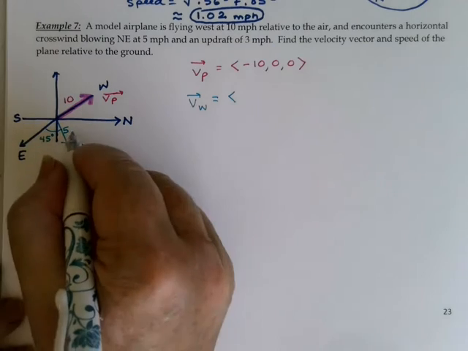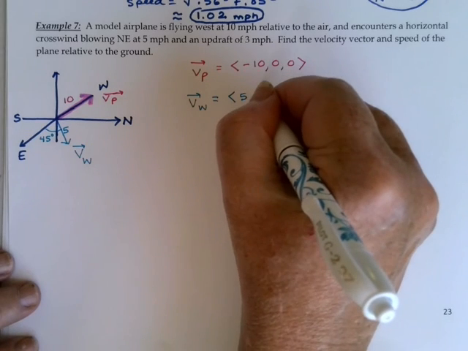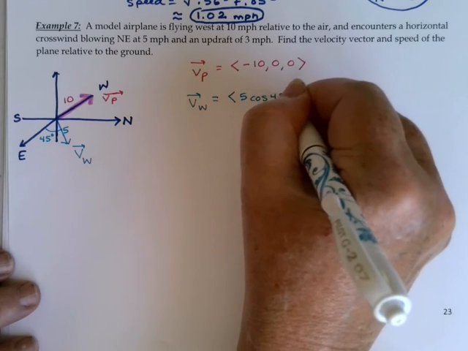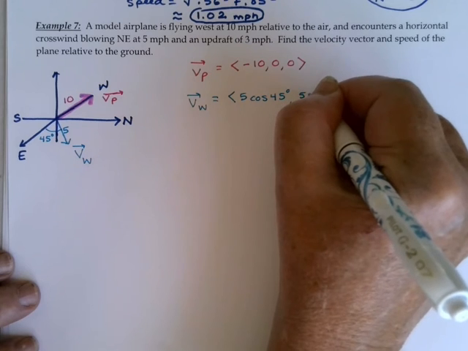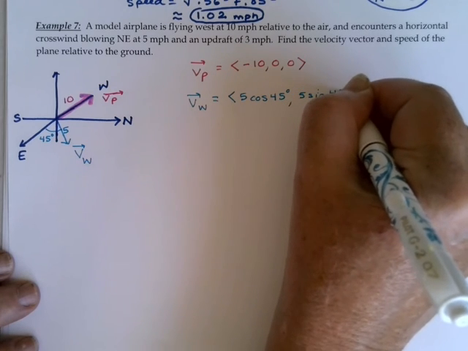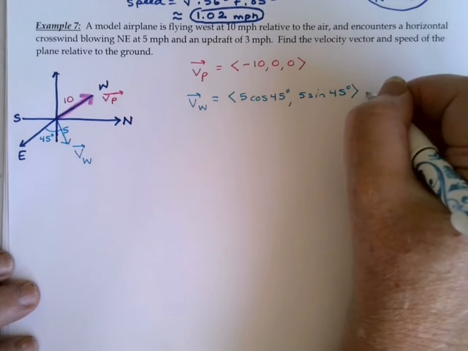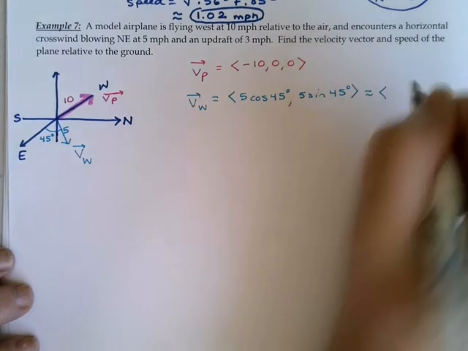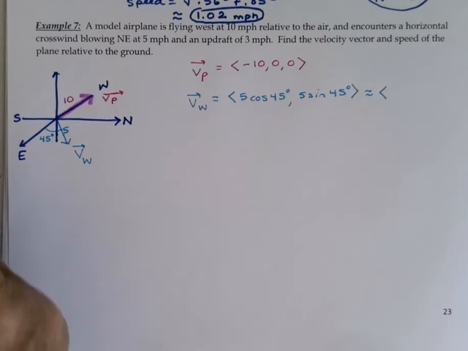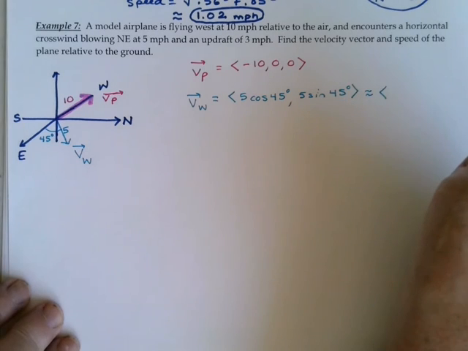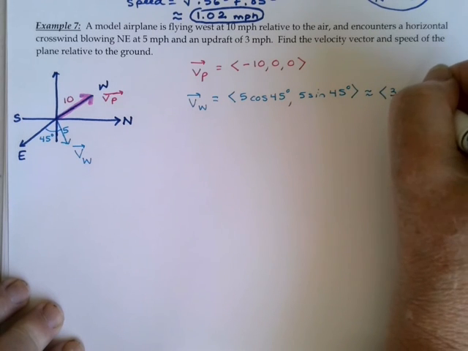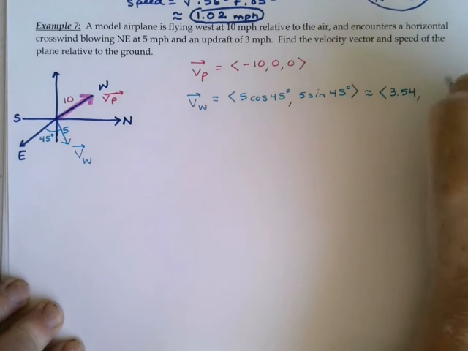So that's going to be 5 cos 45 degrees and 5 sine 45 degrees. And let's just go straight to decimals this time. I can get exact values, but ultimately we'll probably want a decimal velocity vector. So 5 cos 45 is about 3.54. And 5 sine 45 is about the same.